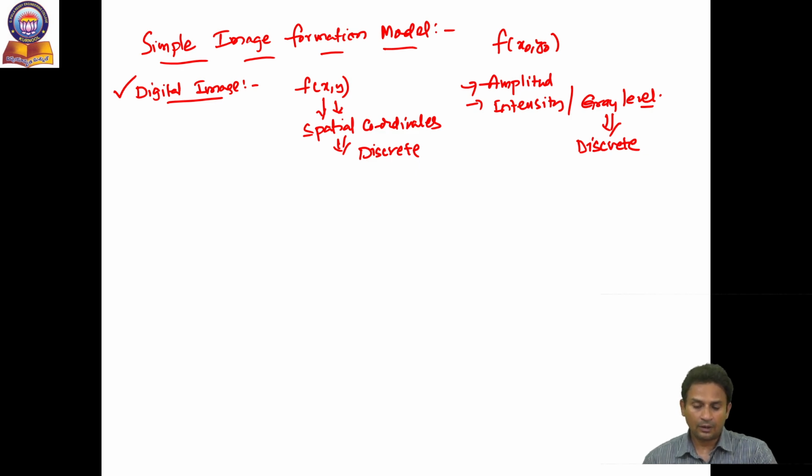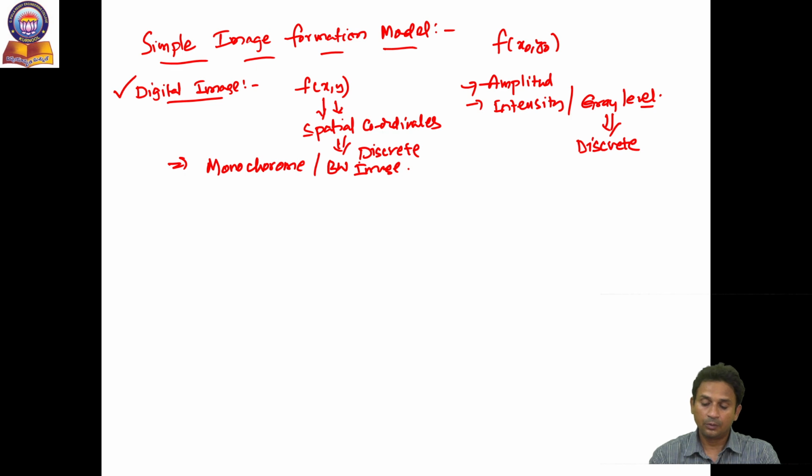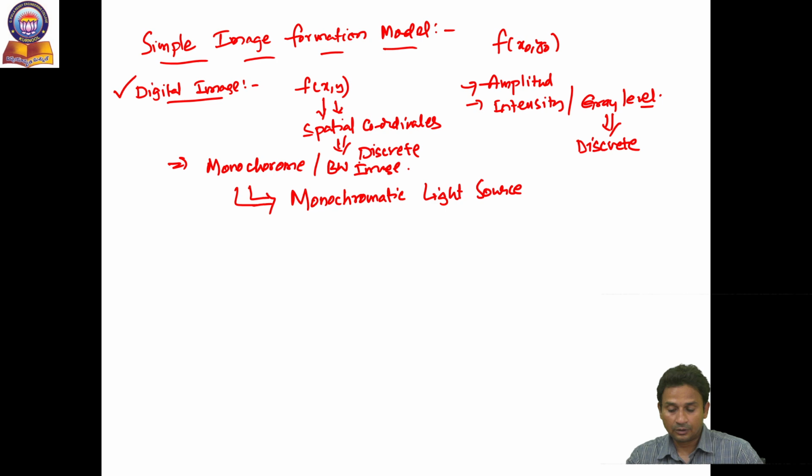As far as our discussion is concerned, the images are monochrome images, or black and white images, where monochrome images are said to be produced by monochromatic light sources.